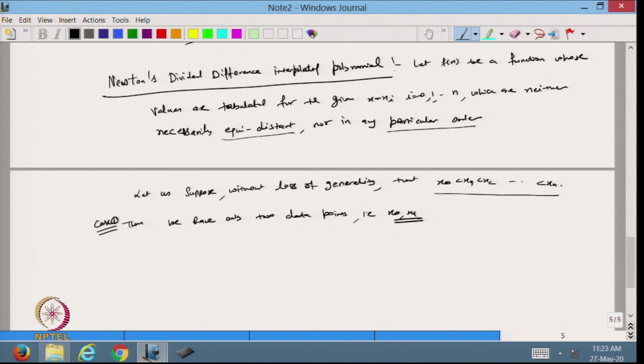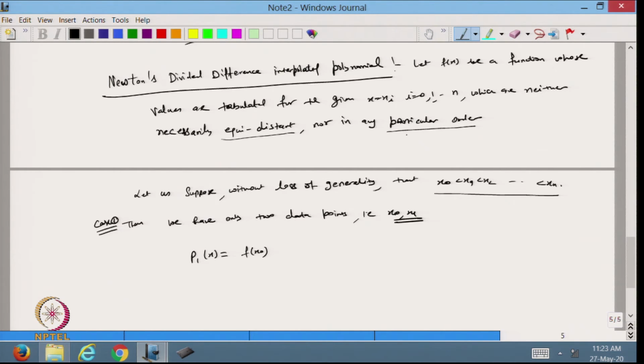So, I have only 2 data points. In that case I will write my interpolating polynomial, that is p1(x). So, in the p1(x) what do we do? We write, so this value is given to me. So, I will write f at x0, whatever the value is given to me, because this value is like this one.